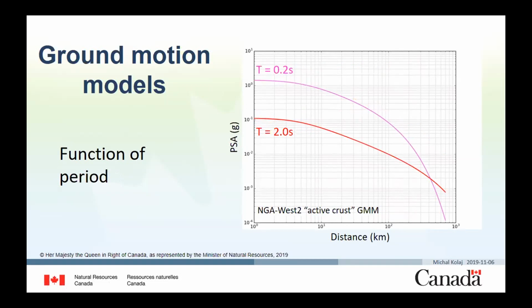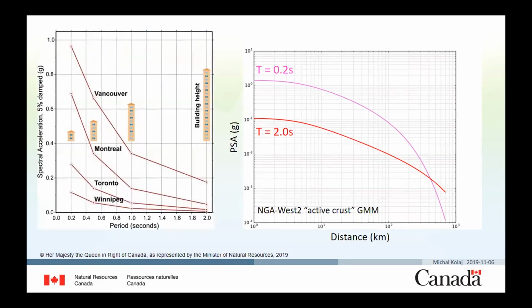It's also a function of period, and that's kind of alluding to that. So whether you're looking at shaking at a short period like 0.2 seconds or 2 seconds, the amount of shaking is different. And this is important from an engineering standpoint, because when we calculate hazard, we calculate at spectral accelerations. This is how a single degree of freedom damped oscillator, which is a very, very simplified building, would react to shaking.